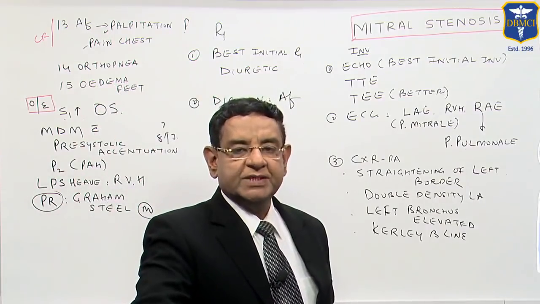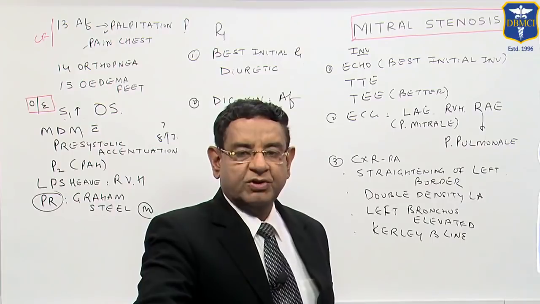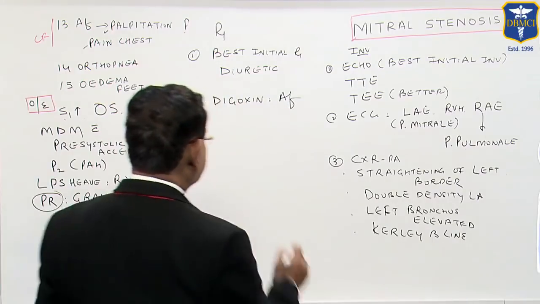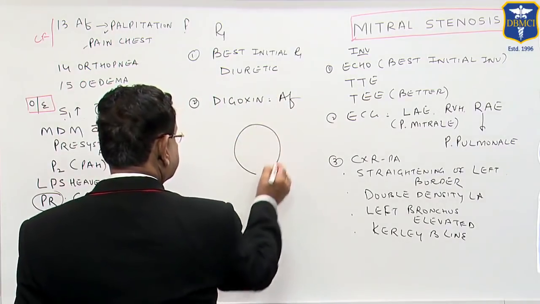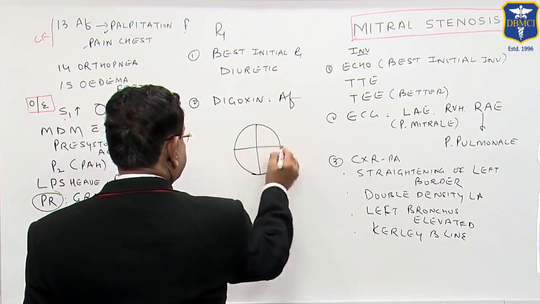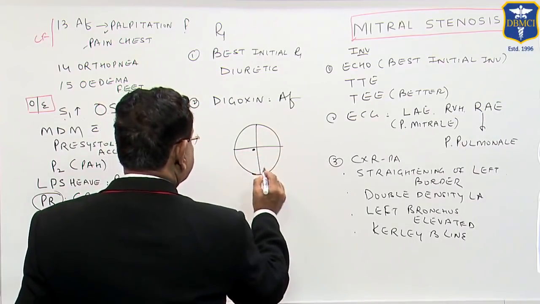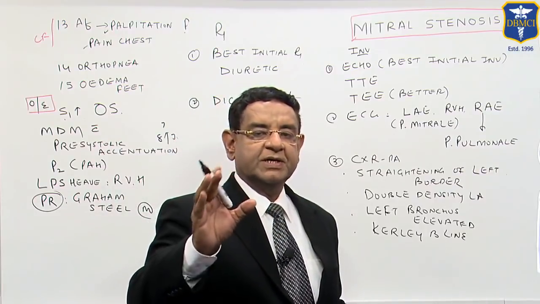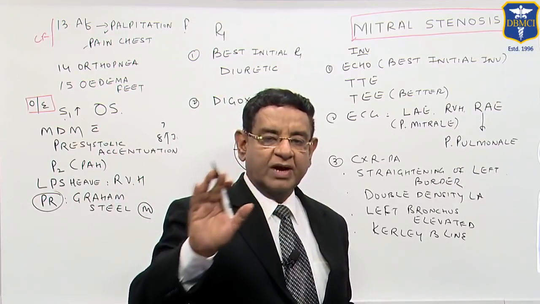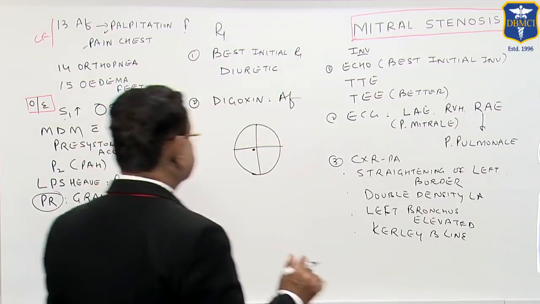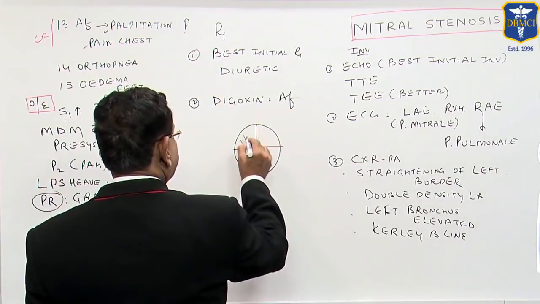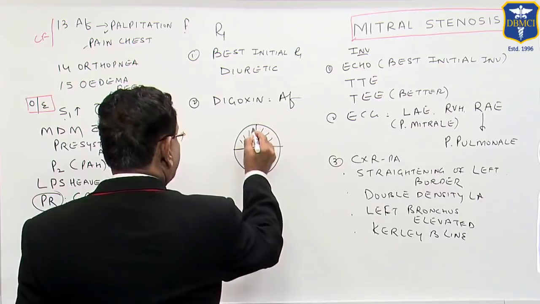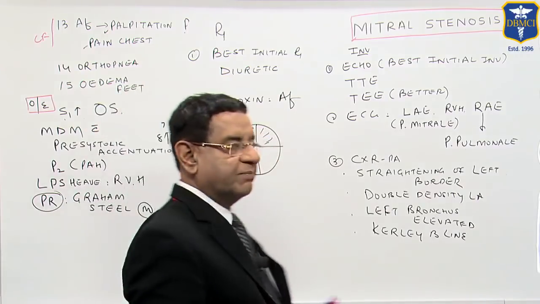What is the mechanism of action of digoxin? So here is the heart, here is the AV node, and as you know, in atrial fibrillation the heart is beating in a very unorganized way, and impulses are coming from everywhere, not from the SA node, but from multiple foci.